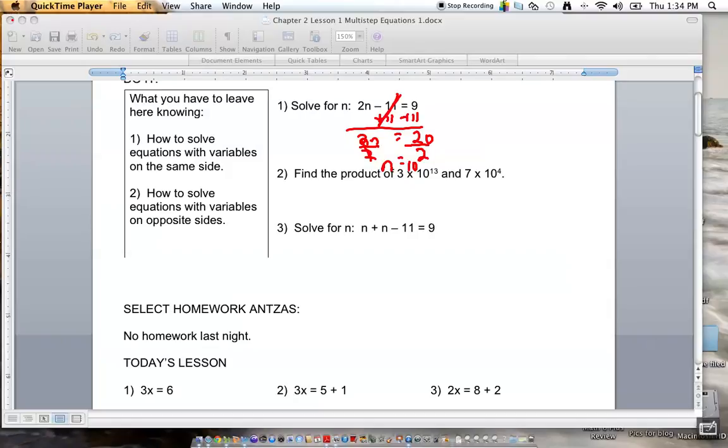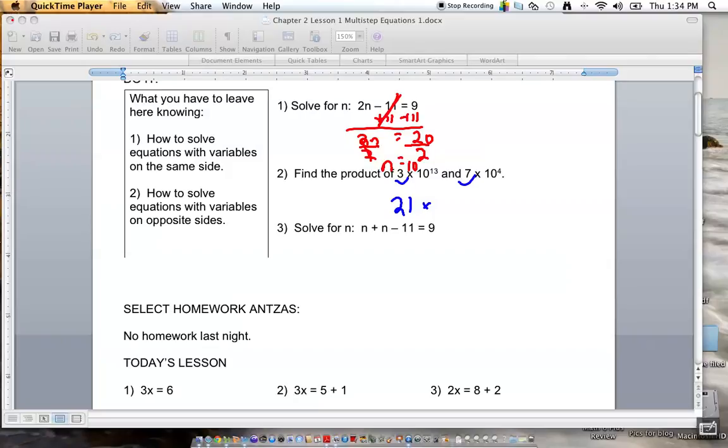Now, 3 and 7 are the numbers in front. So we just said we're going to multiply the coefficients. That makes 21. Now, what do we do to those exponents? I don't think we walk up to the exponents and go, hello, Mr. Exponent, Mrs. Exponent.